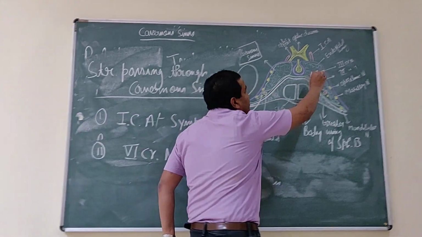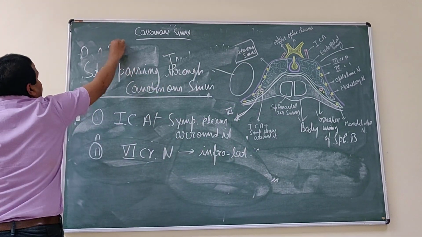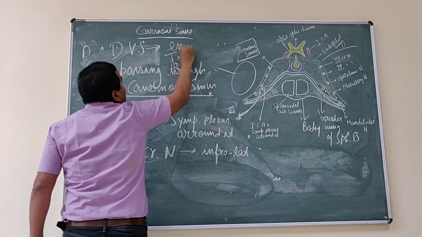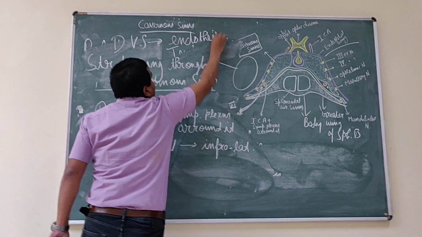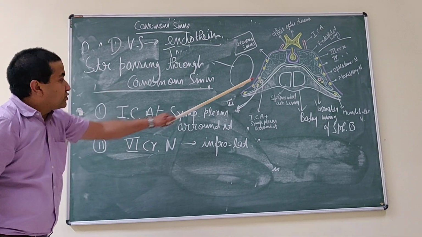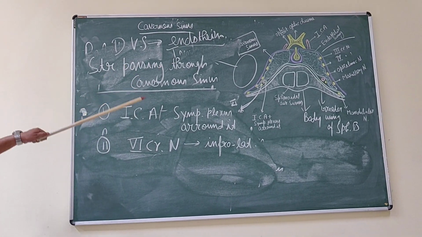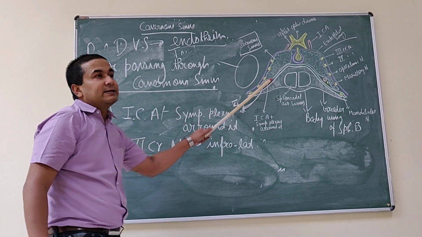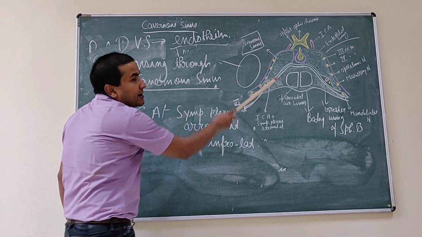This is the endothelial lining. We have discussed earlier that dural venous sinuses are lined only by the endothelium. The endothelium separates these two structures, which straddle the cavernous sinus, from the sinus cavity, which means they are present between the endothelium and the meningeal layer.